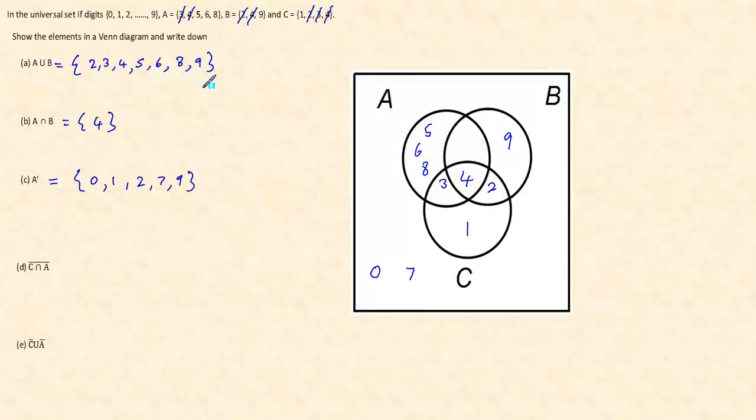So what we now want is not C intersection A. So if we identify C intersection A as this part just here, it's going to be everything that isn't in that bit. That's what the bar means.